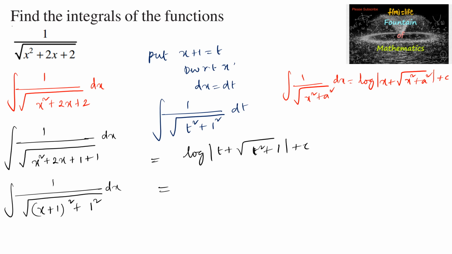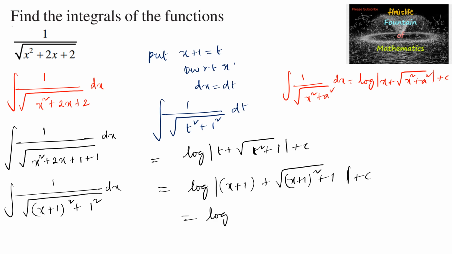Substituting back t is equal to x plus 1, so we can write log mod of x plus 1 plus root of x plus 1 whole square plus 1 plus c. X plus 1 whole square plus 1 is nothing but x square plus 2x plus 2, so we can write log mod of x plus 1 plus root of x square plus 2x plus 2 plus c is the answer.